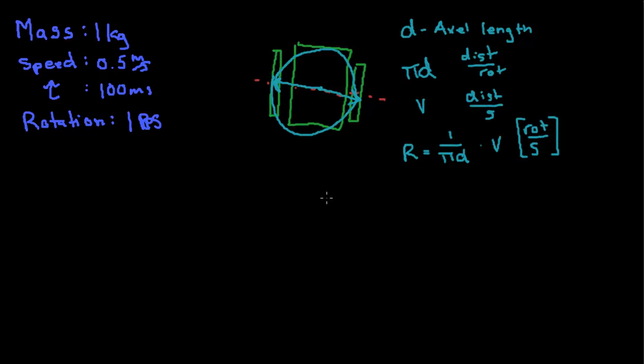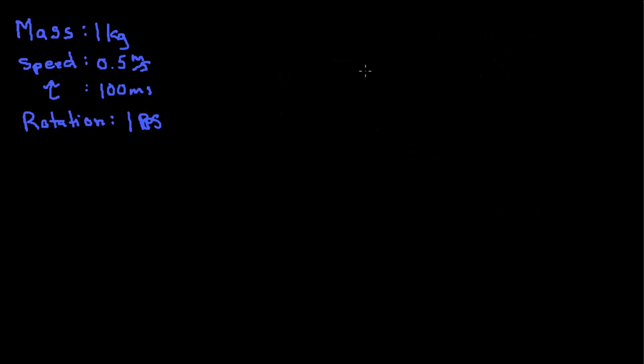For our robot, choosing an axle length of, say, 12 centimeters gives us a rotation per second value of 0.5 over pi times 0.12, which is about 1.3 rotations per second, which exceeds what our performance values were.